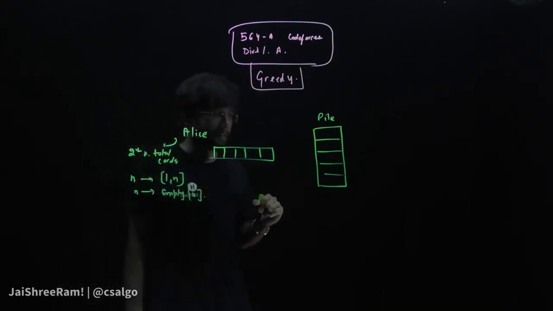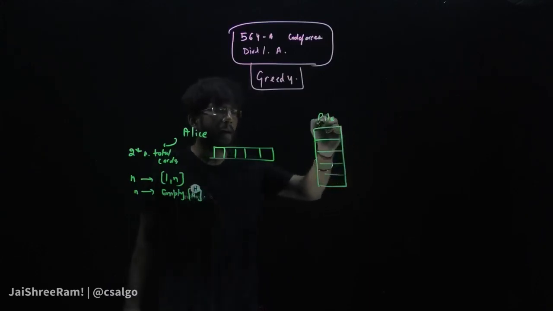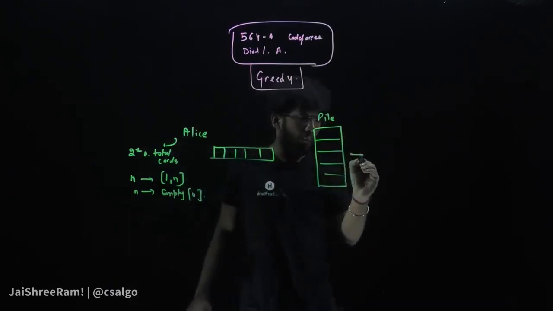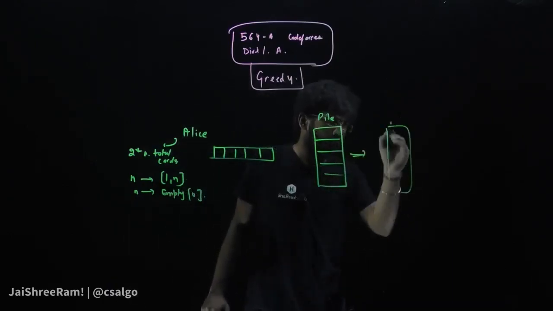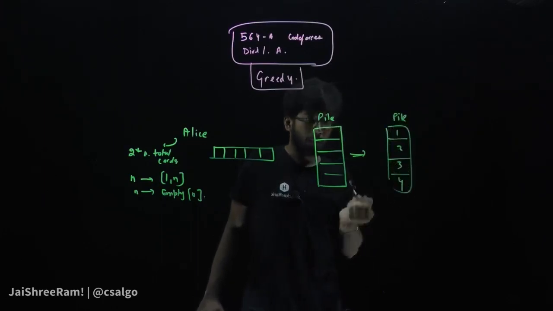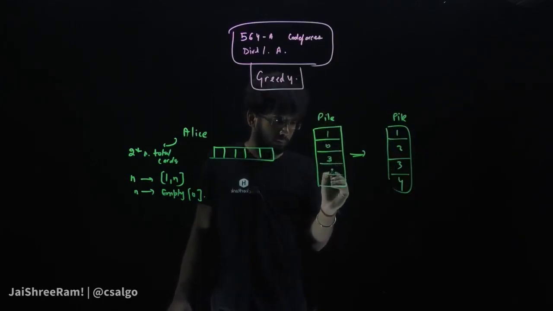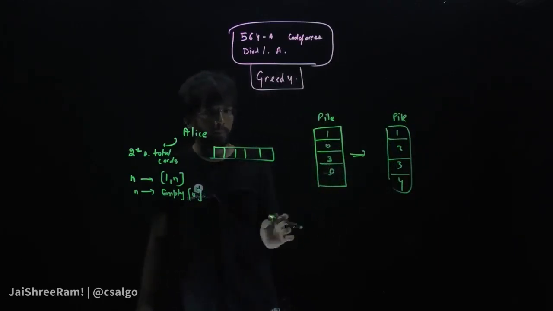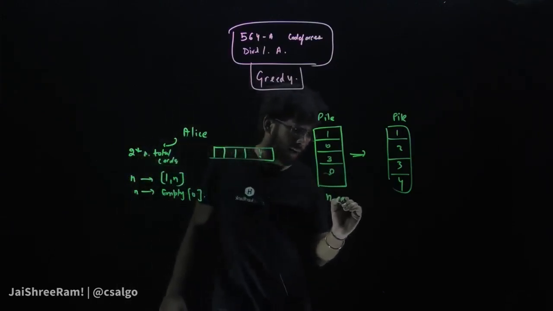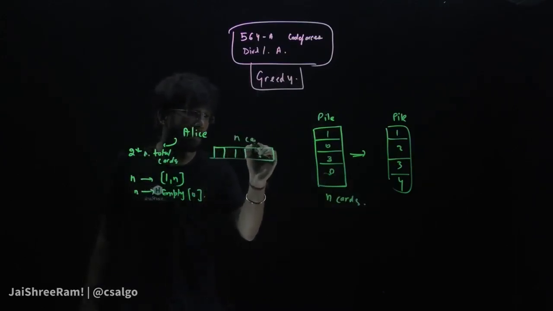Now the task is that we have to arrange this pile into an increasing order, like we have to reach this configuration. Initially it can be something like this. The pile also consists of n cards, and the set of cards that Alice has is also n.